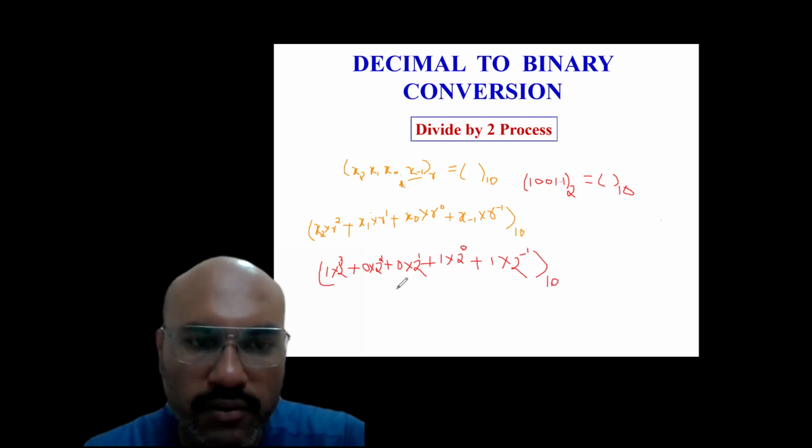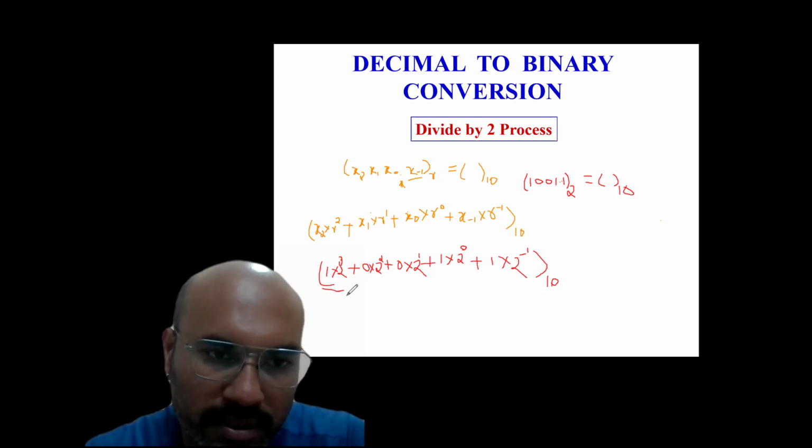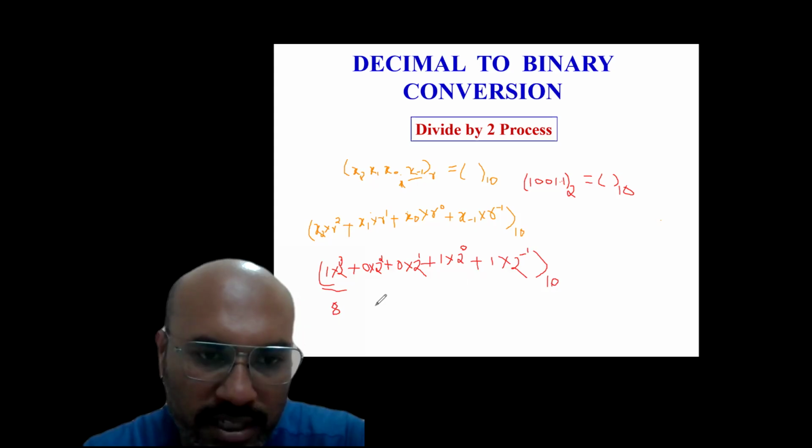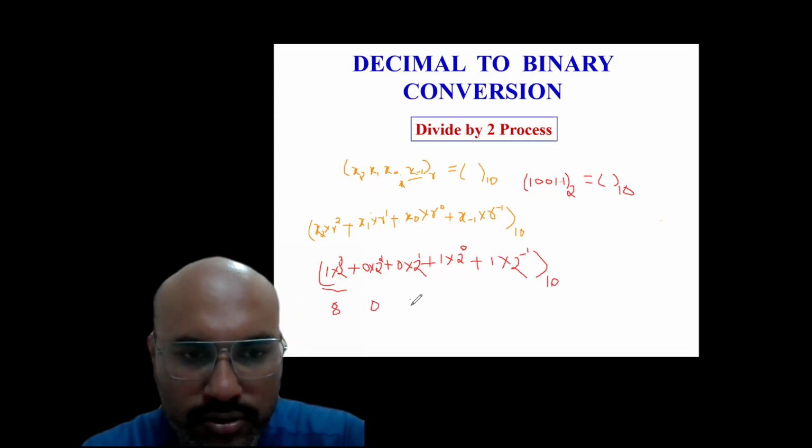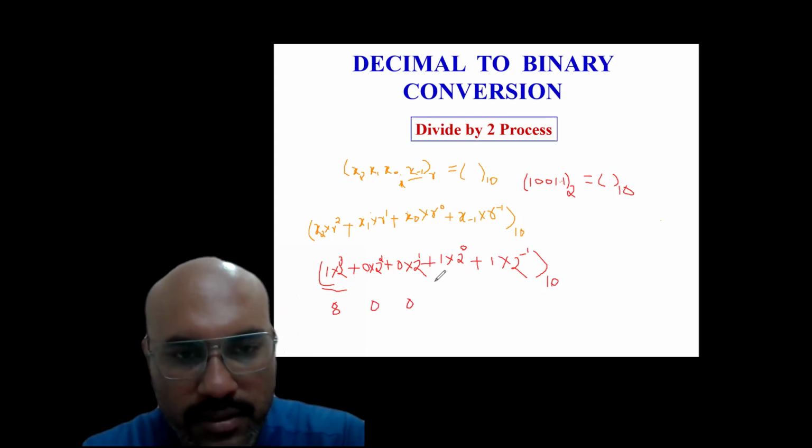Now we need to solve it. 1 into 2 to the power 3 becomes 8. This quantity is 0, and this quantity is also 0 because 0 multiplied with anything will be 0. 2 to the power 0 is 1, so 1 into 1 will be 1.